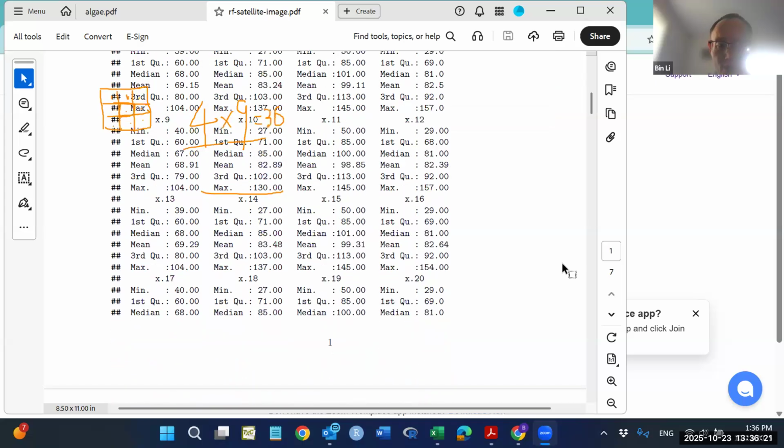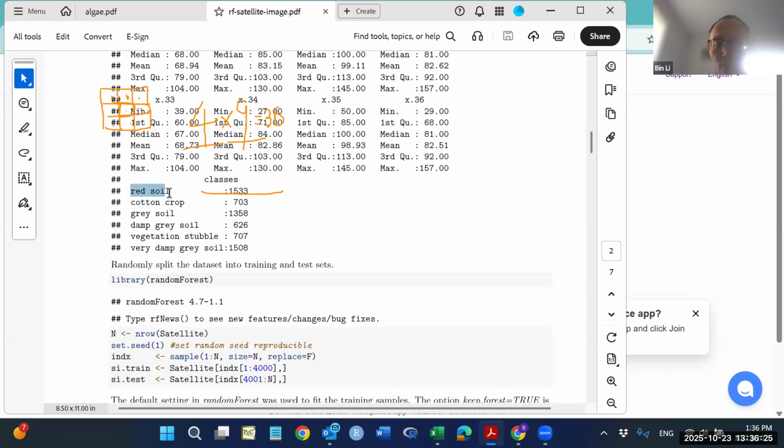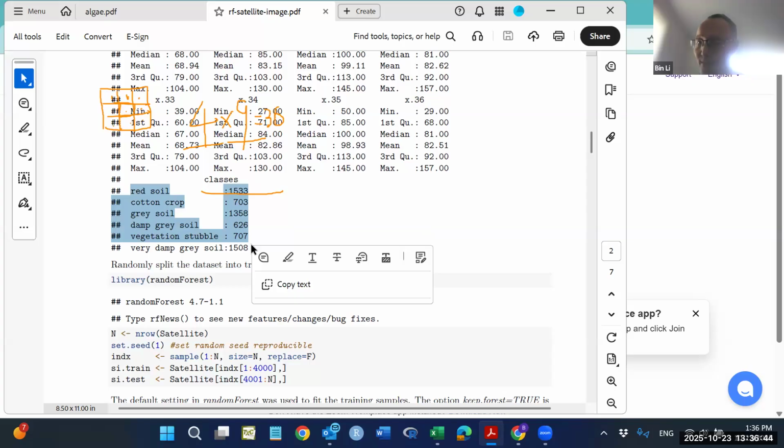We have a few classes. The central pixel is red soil, cotton crop, gray soil, damp gray soil, vegetation stubble, or very damp gray soil. These are the classes in the data. This is not an easy classification task because some of the soil types are very similar.